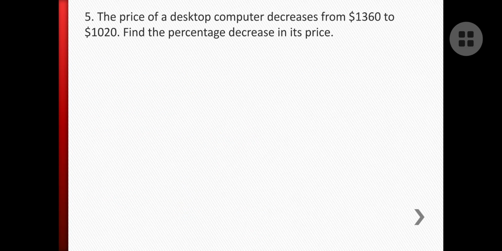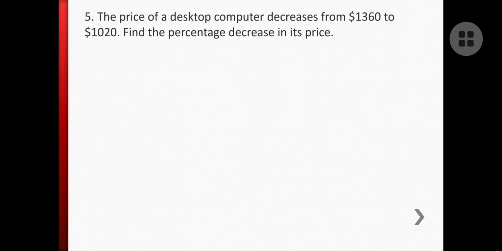Okay, the next question, fifth question. The price of a desktop computer decreases from $1,360 to $1,020. Find the percentage decrease in its price. So, what is given? The price decreases from something to something. So what is the new and what is the old? From the question you have to understand.